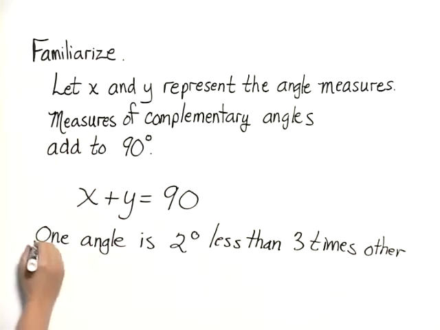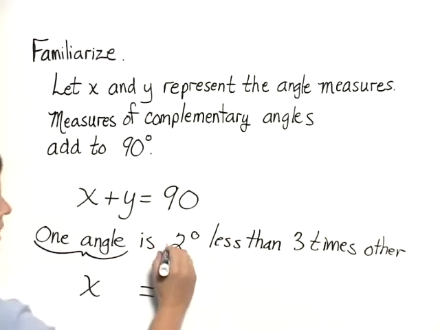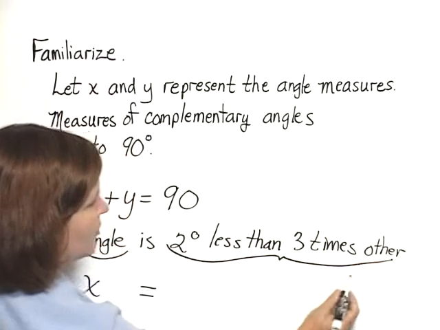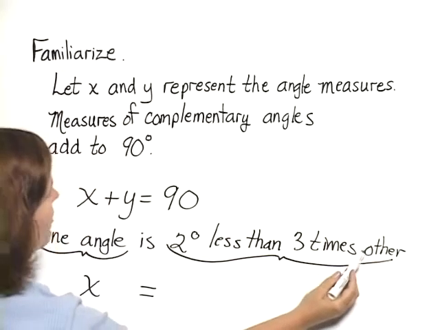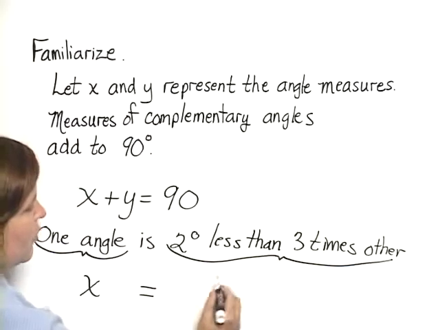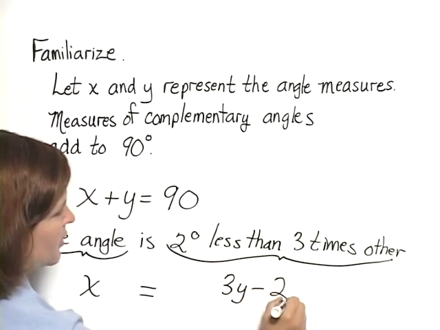So one angle, and we weren't told which is which, we'll just let that be x, translates to equals. And then this phrase, 2 degrees less than 3 times the other angle. 3 times the other angle then would be 3y. 2 degrees less than 3y would be 3y minus 2.